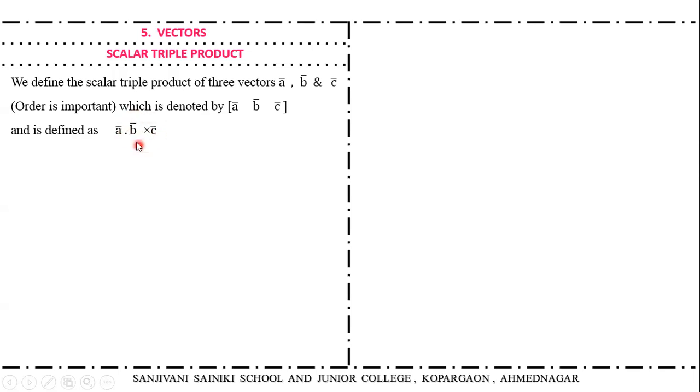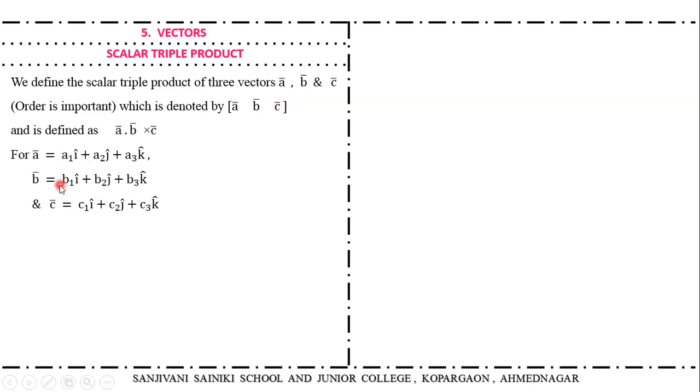So we take the cross product of b bar and c bar, and then take the dot product with a bar. It is also called a box product, and it is denoted by a bar, b bar and c bar written in a box.